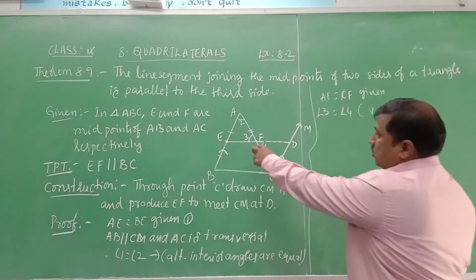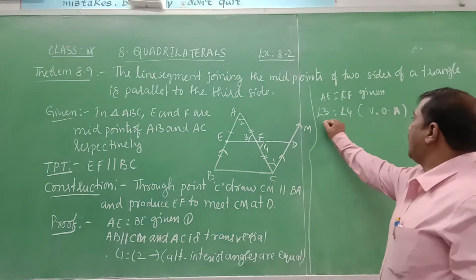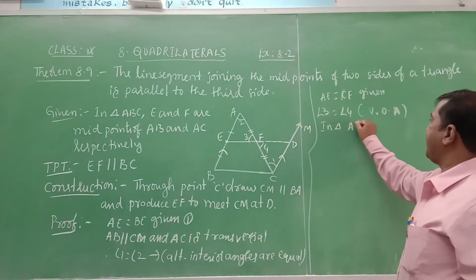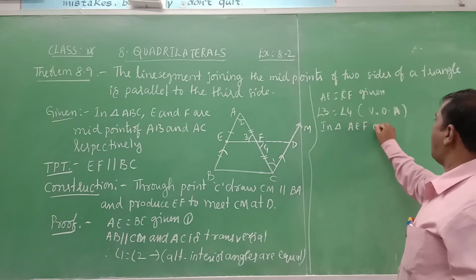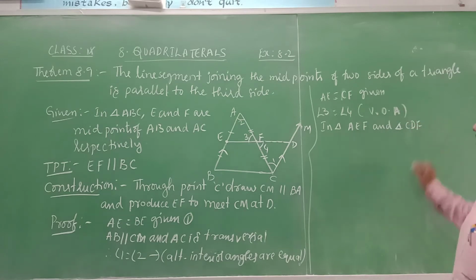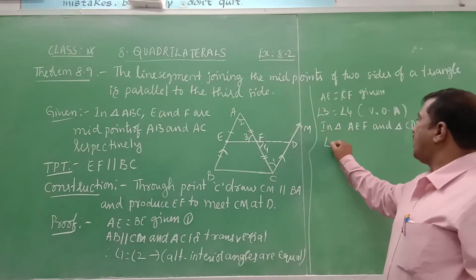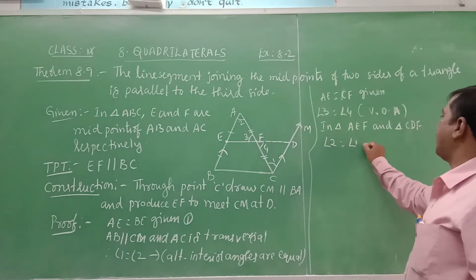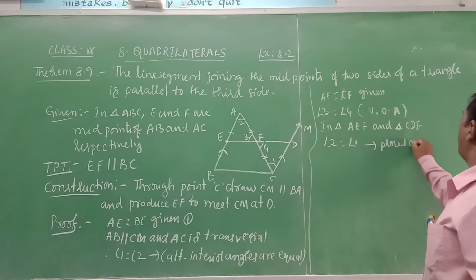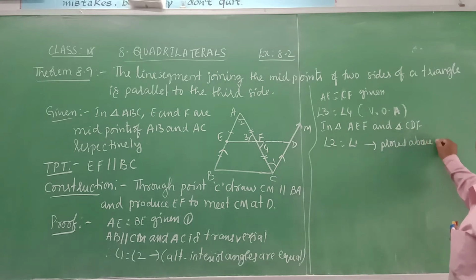Now consider these two triangles. Which two triangles? In triangle AEF and triangle CDF, angle 2 is equal to angle 1, proved above. That is angle.